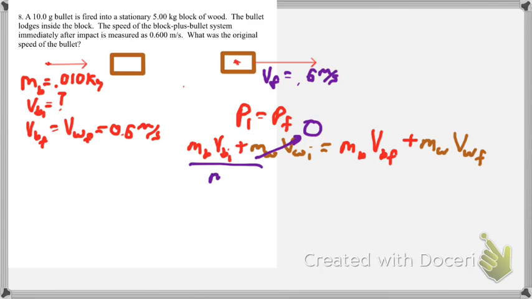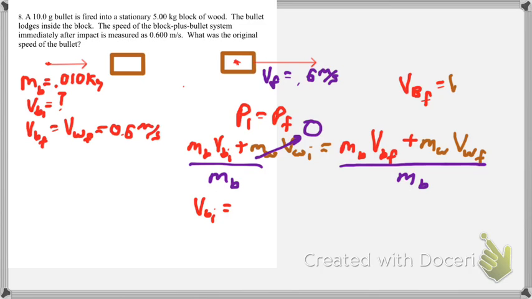The initial momentum of the block is 0, and if I divide both sides by the mass of the bullet, velocity of the bullet initial is equal to mass of the bullet times velocity of the bullet final plus mass of the wood times velocity of the wood final, divided by the mass of the bullet.